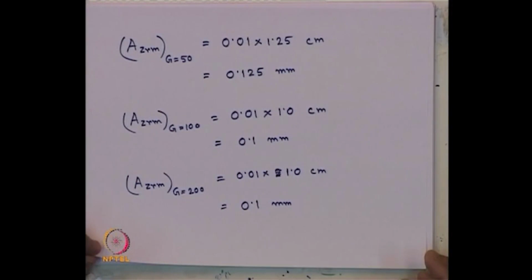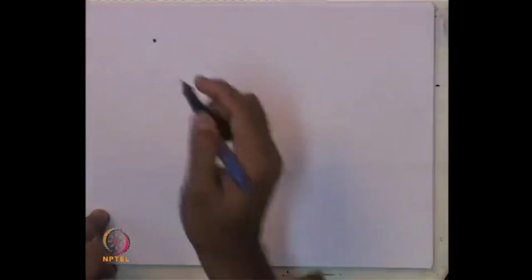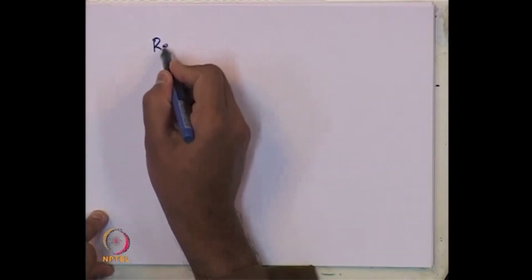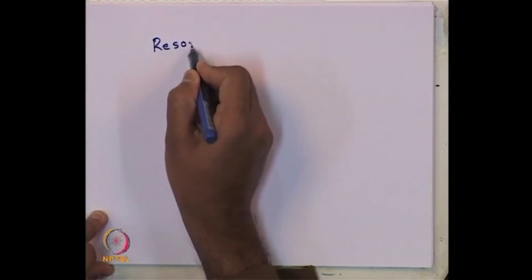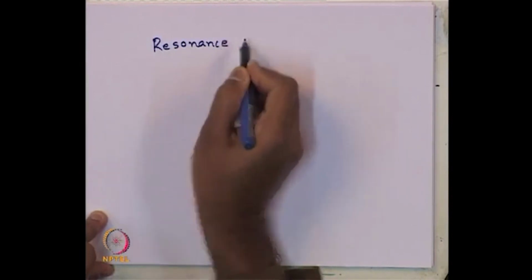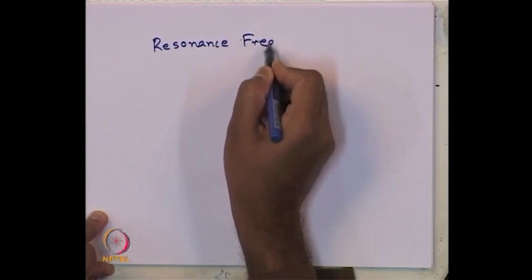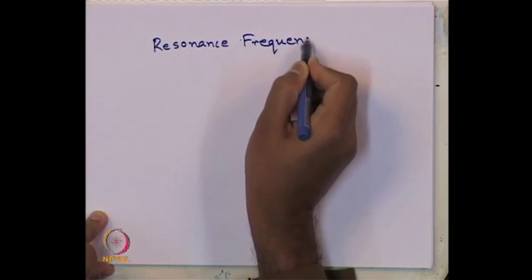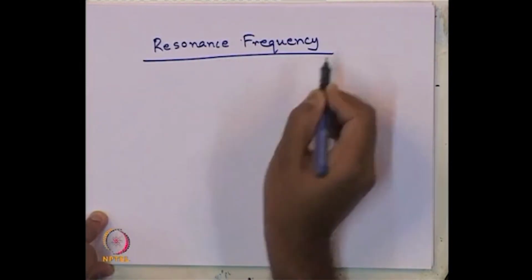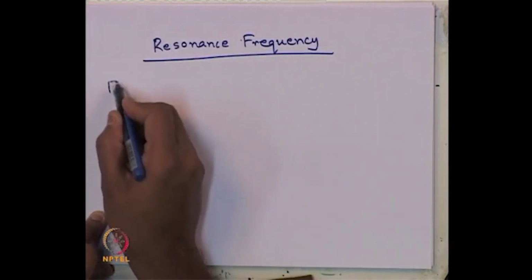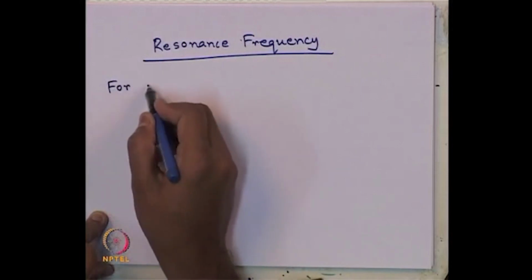What about the resonance frequency now? That also we need to compute, right. So, for computing the resonant frequency, what should we do? Again we have to use the design chart.